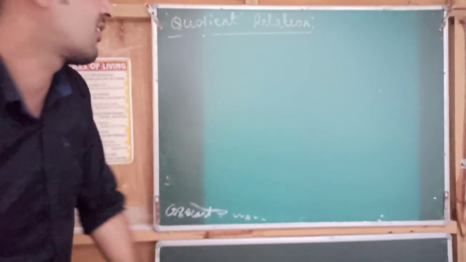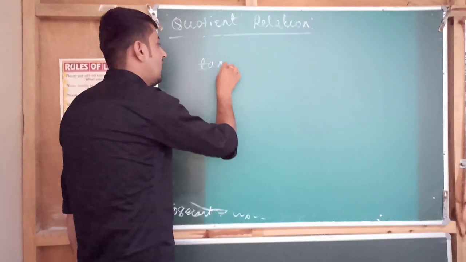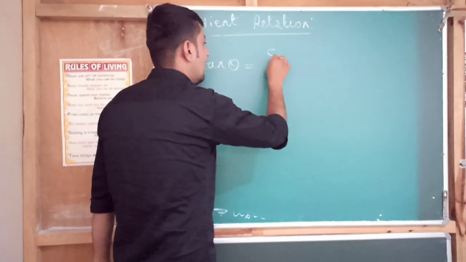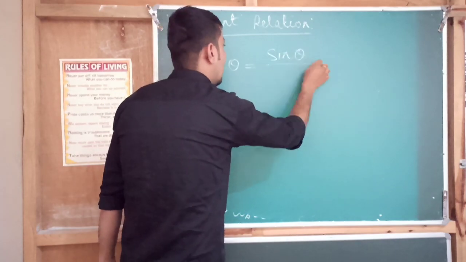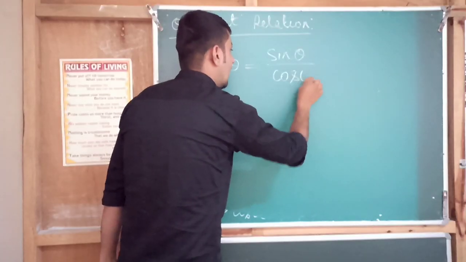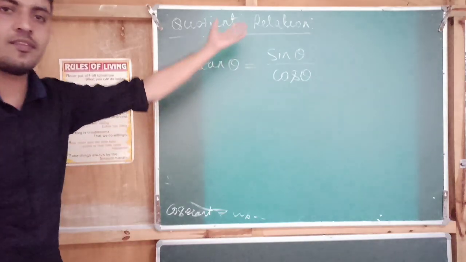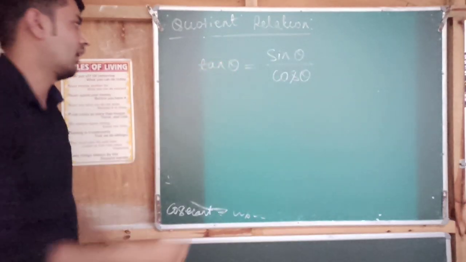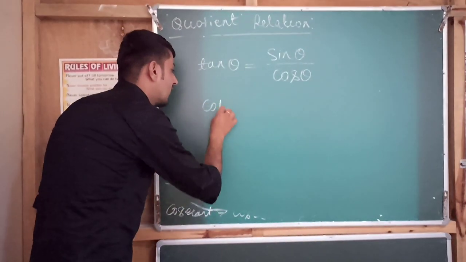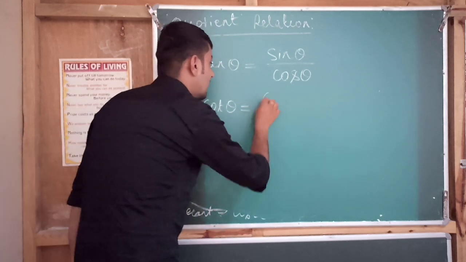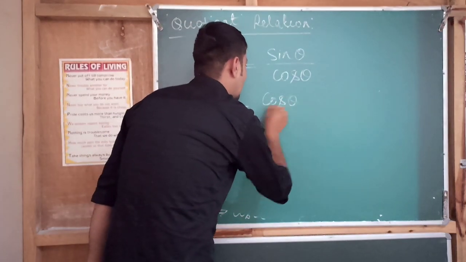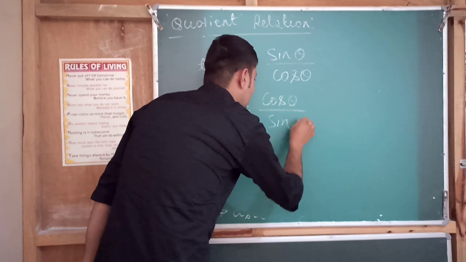So let me write it down. The first one is tan theta. What is tan theta? It is sin theta by cos theta. Then next, cot theta. What is your cot theta? It is cos theta by sin theta.